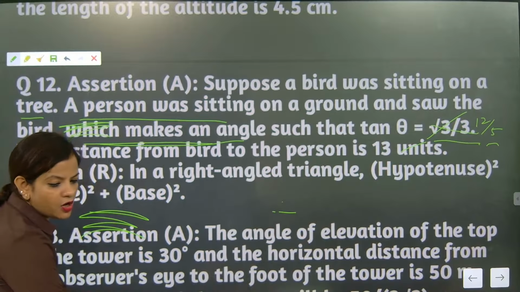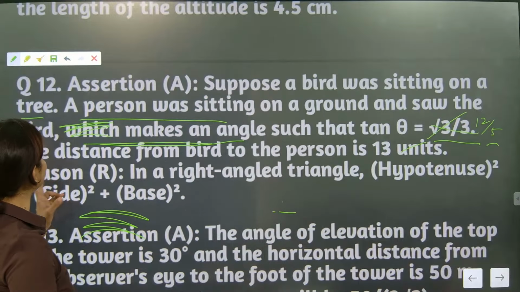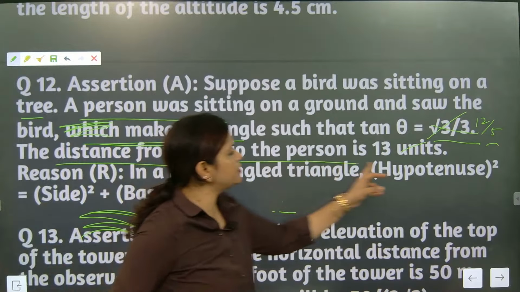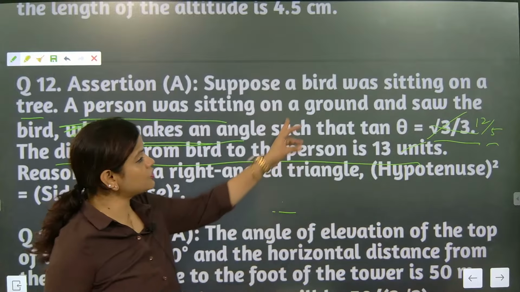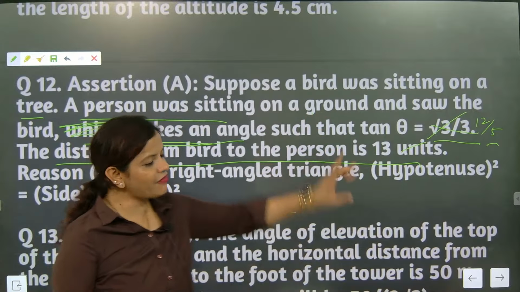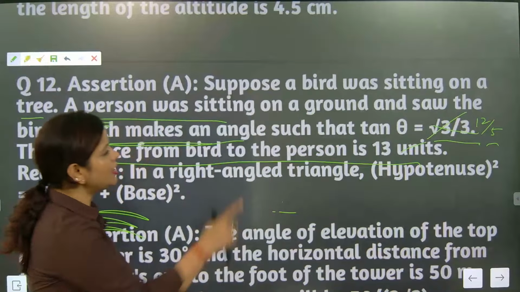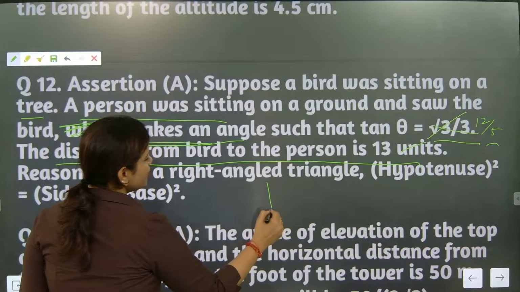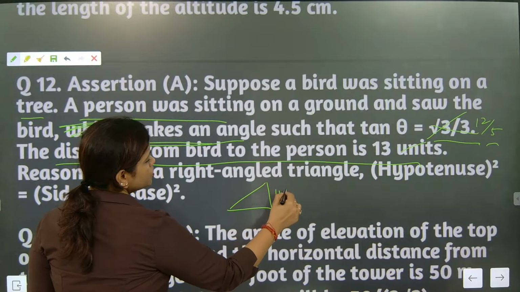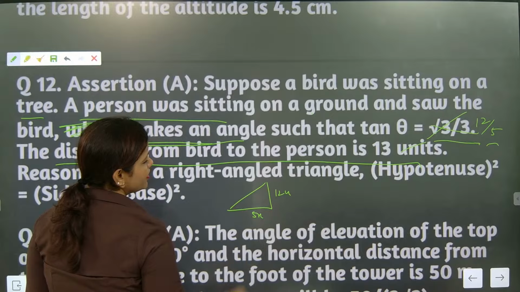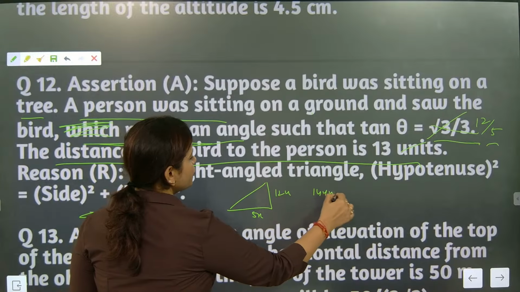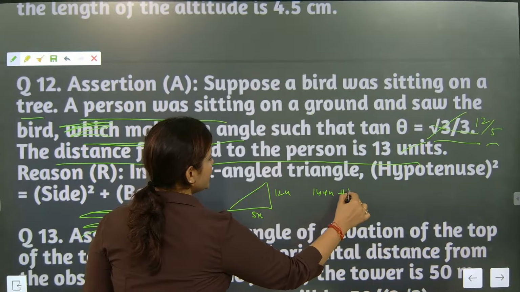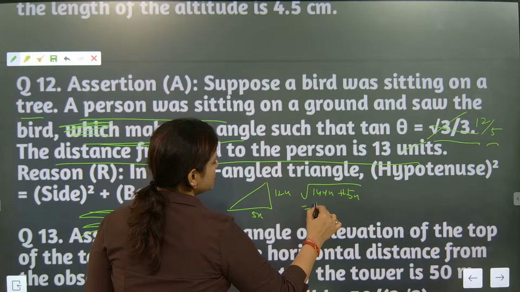Those who have given D option, but beta, the second one is exactly coming. The distance from the bird to the person is 30 units. If this has to be correct, then 12 by 5 units has to be taken. How? Now look here. If that person is sitting here, it is 12x and then 5x. So 144x squared plus 25x squared will come as root under, 13x.